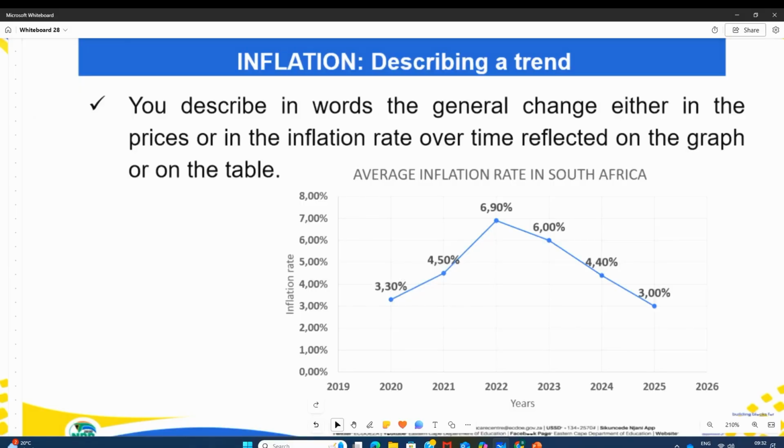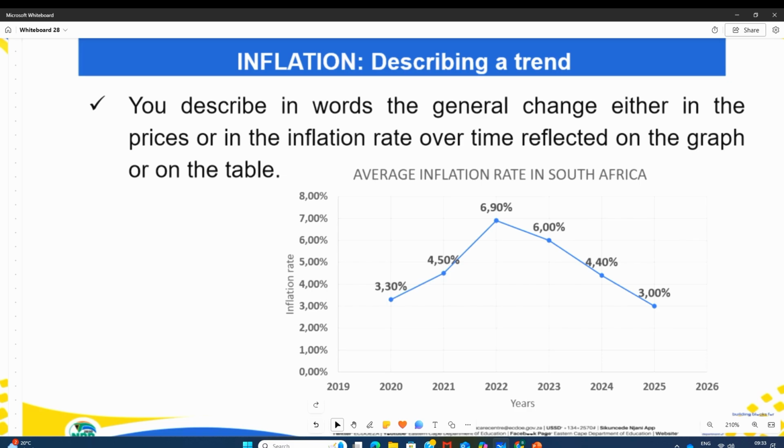For example, let us look at this graph that is displayed in front of us. The graph here is talking about the inflation rate. The graph that is here is talking about the average inflation rate in South Africa for a period from 2020 up to 2025.